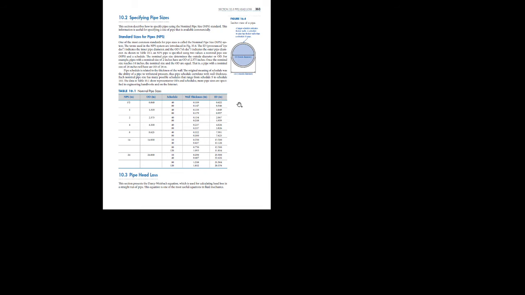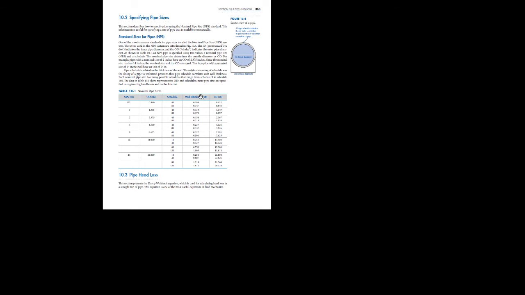NPS, just remember this, gives you the size, like the outer diameter. NPS relates to the outer diameter, the OD.